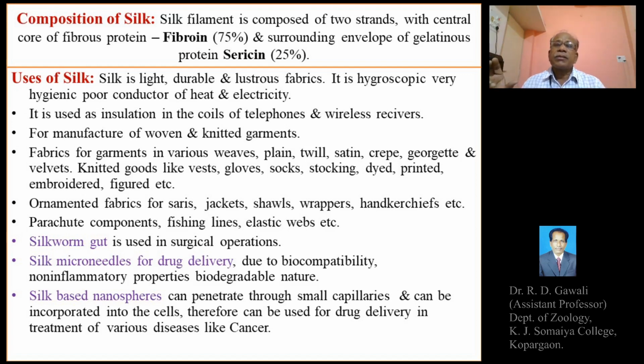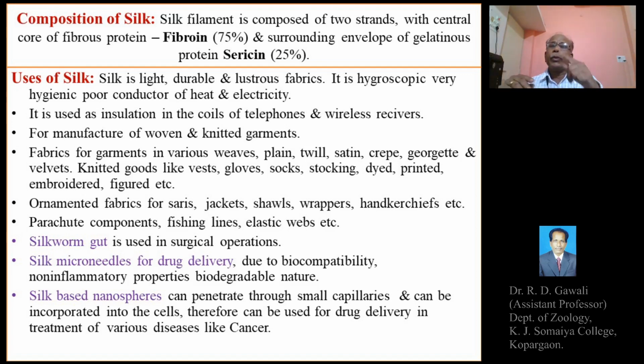Then the fabrics manufactured by using the silk for the various types of garments have different views in the form of plain, twill, satin, crepe, georgette and velvets. So these are some of the types of fabrics which are obtained in the textile industries for the preparation of different types of garments, with different views.